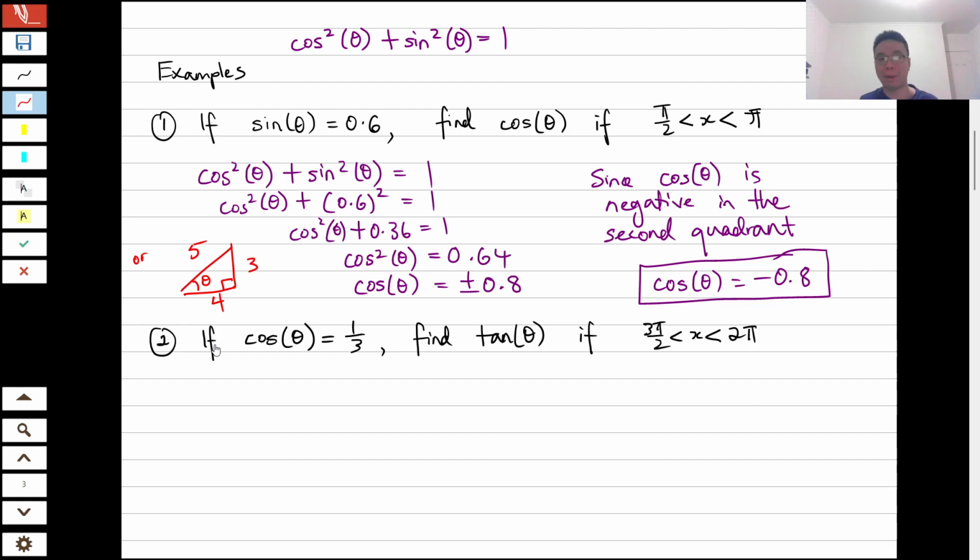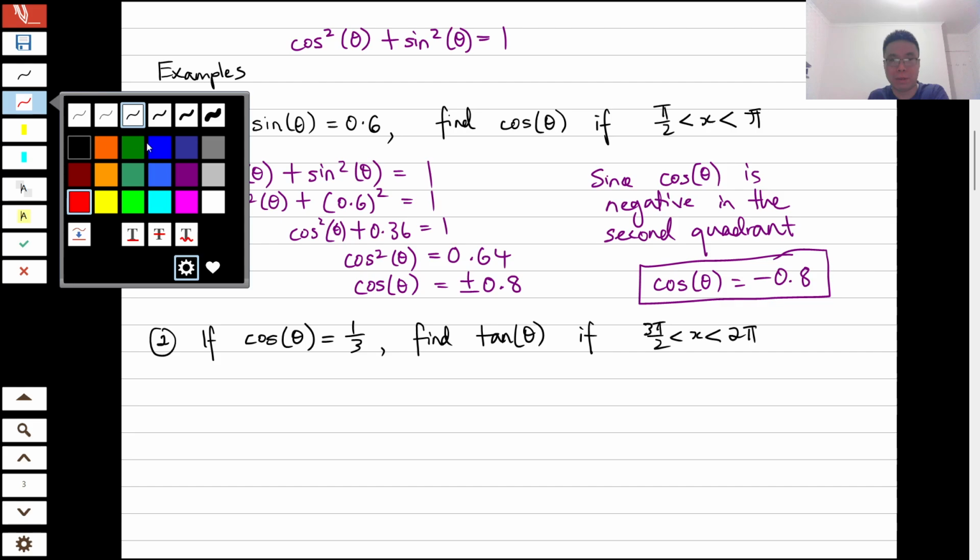Same thing, but we just have to adjust for the sign at the end because we know that the angle is in the second quadrant. So I'm happy for you to do it this way as well. You are still applying Pythagoras' theorem in that method. This is sort of a more systematic way of doing it, and this is sort of what I would expect from a Year 12 student.